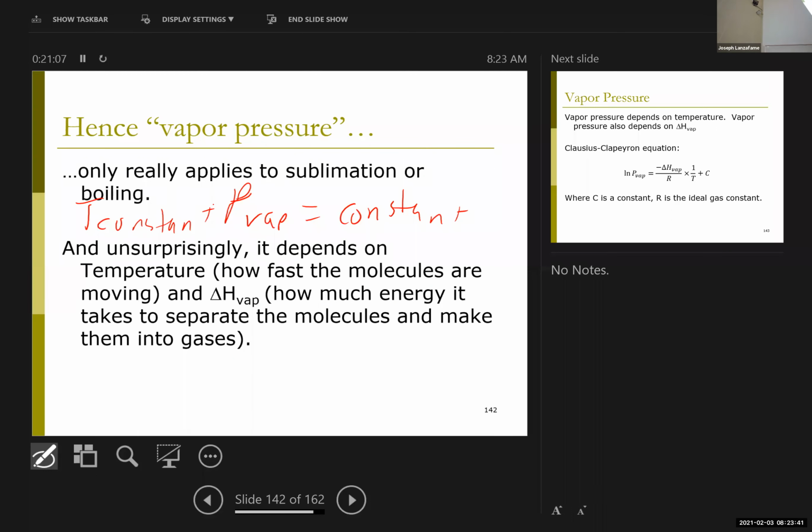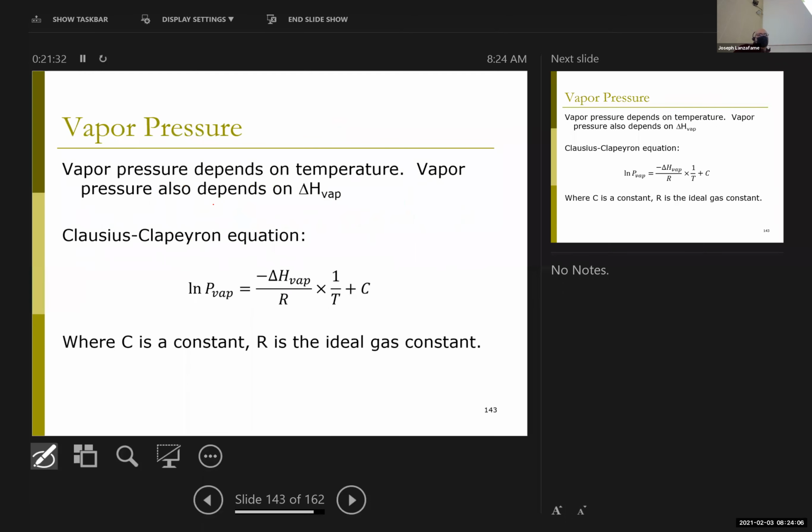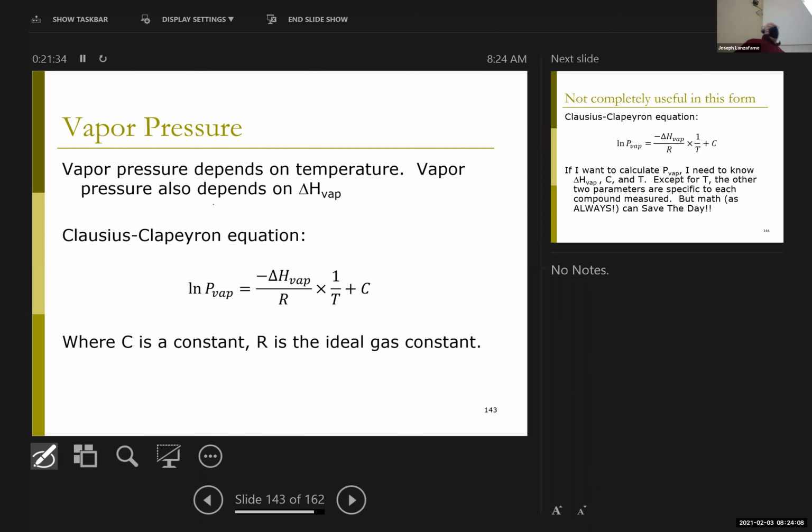But that's okay. All I need to do is get the atmospheric pressure equal to that. And so I could get something to boil by changing the pressure in the container. And I can determine the pressure I need if I know what the vapor pressure dependence is with temperature.